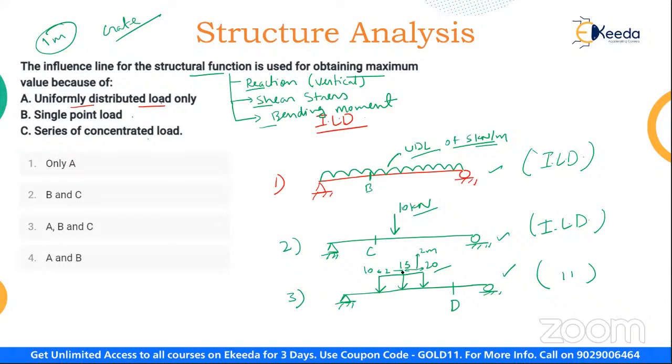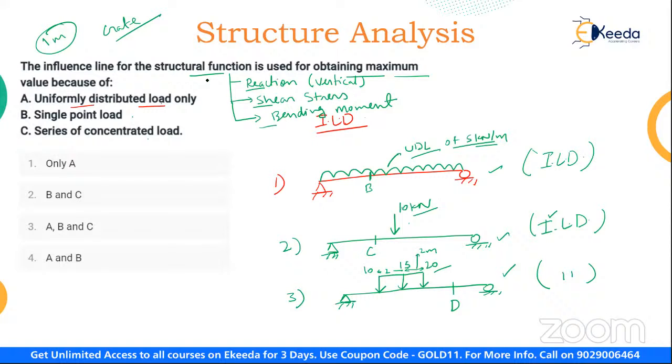So in all these three cases, we will first determine the influence line diagram and then we will apply the load on this influence line diagram. Once we apply the load, we will know the ordinate of the influence line diagram and then we can calculate the maximum value of that structural function, right?